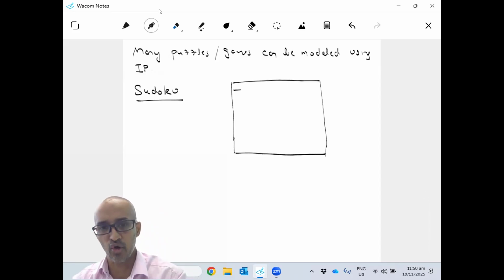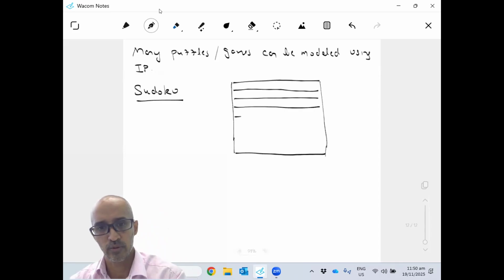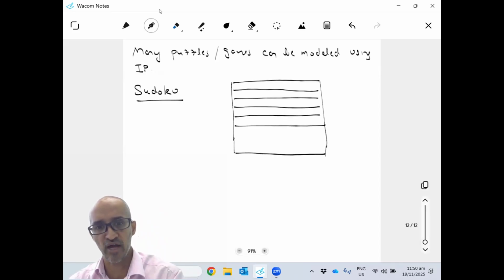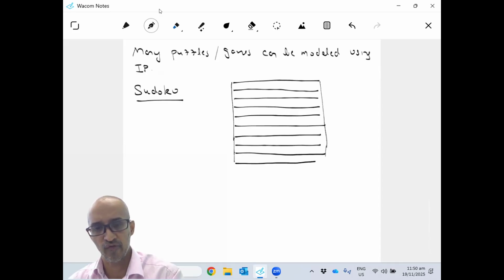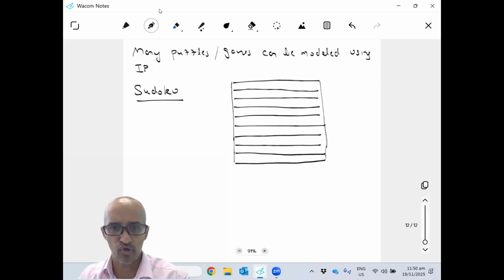Okay. So you've got nine rows, 1, 2, 3, 4, 5, 6, 7, 8. So you've got 9 rows and you've got 9 columns.